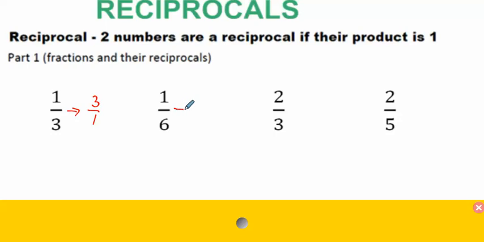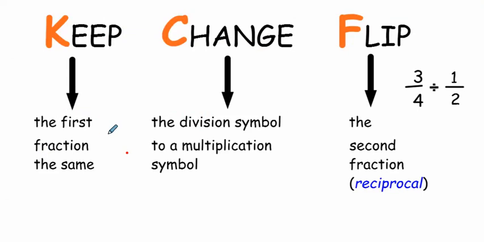So I simply flip the number and it becomes 6/1. That's its reciprocal. If I flip this number, that's its reciprocal. You're just flipping the number. That's important because we need to know that when we solve the division problem.